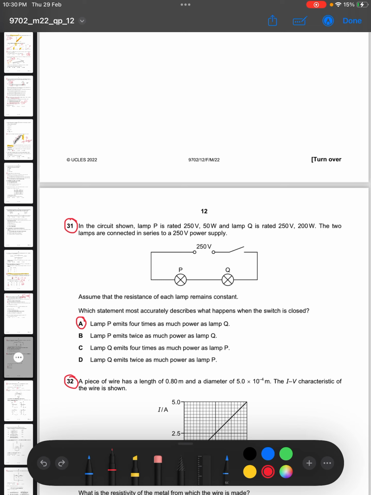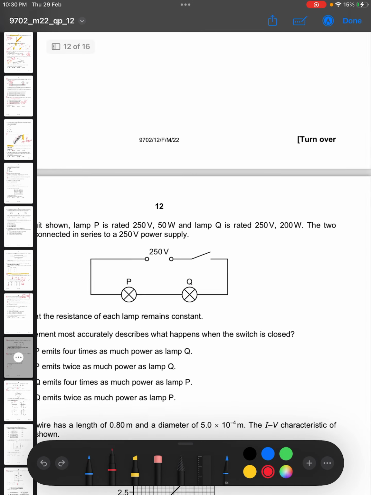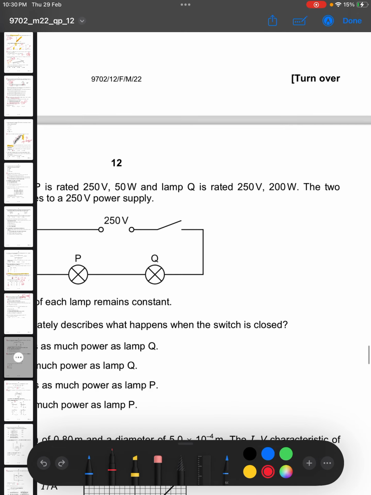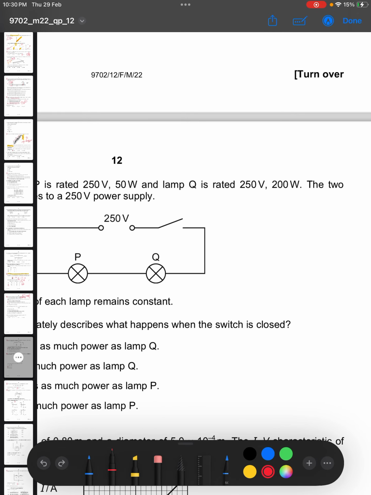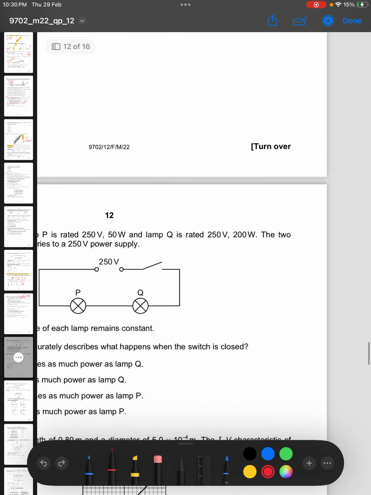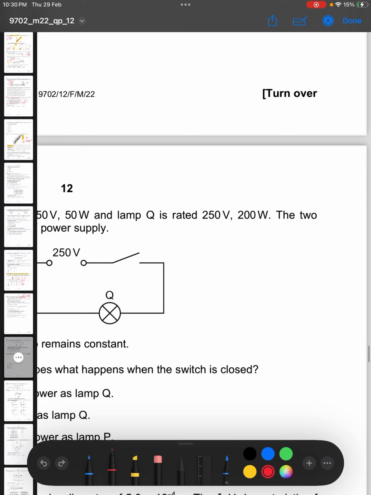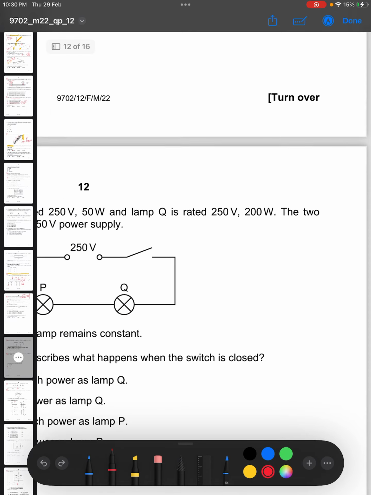Is lamp P going to get more power, and what is going to determine the voltage that it is going to get? So we have to determine what the voltages are going to be, but to do that we must know the resistances first, the resistance of P and the resistance of Q.